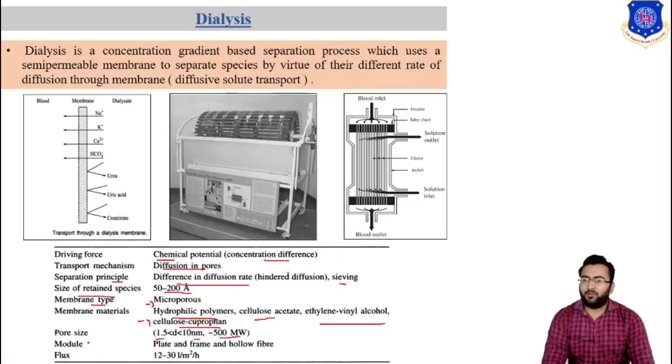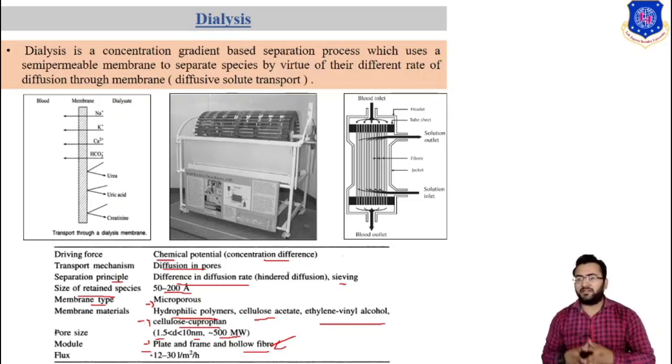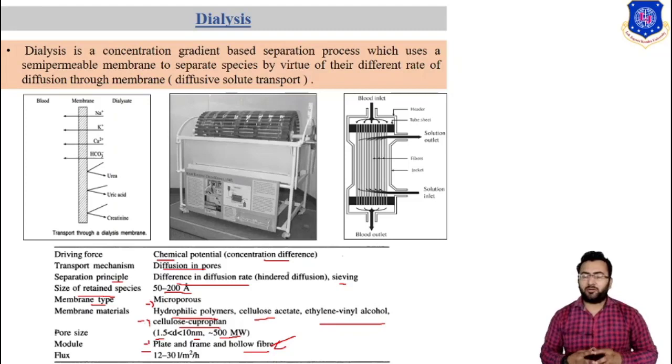The modules mostly used for dialysis are plate and frame and hollow fiber. Hollow fiber module is widely used for the dialysis process, and flux is about 12 to 30 liter per meter square per hour. So this is about dialysis.